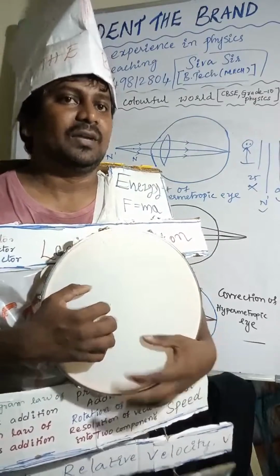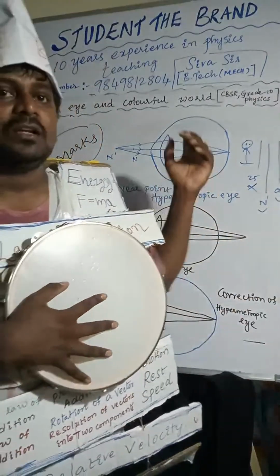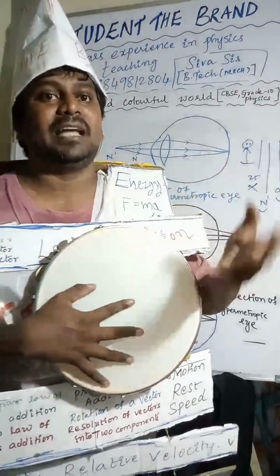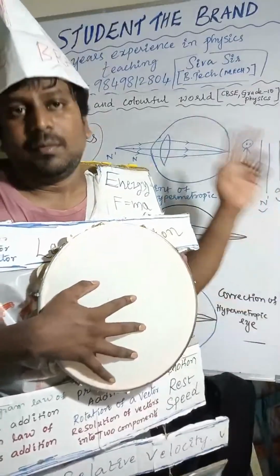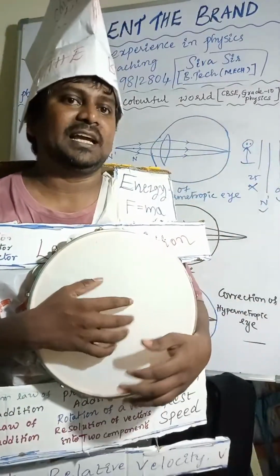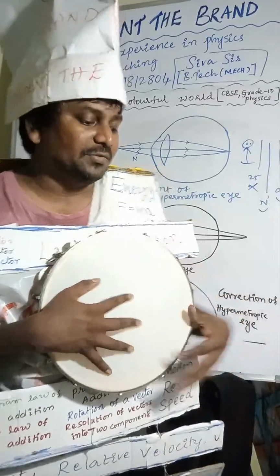Once again, myopia, hypermetropia, see the diagrams, 5 marks question. This is 5 marks, that is 5 marks. I am not saying these 2 questions will come. Among myopia and hypermetropia, one question can be expected in the board exam. And causes are very, very important.